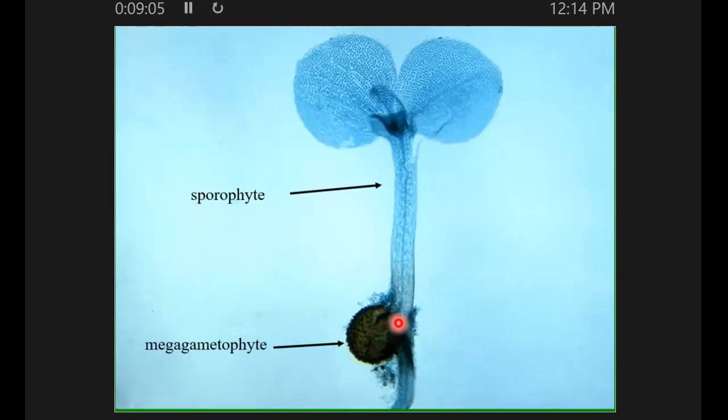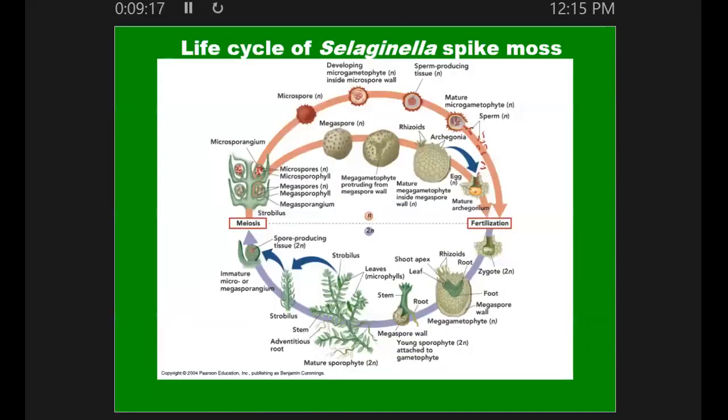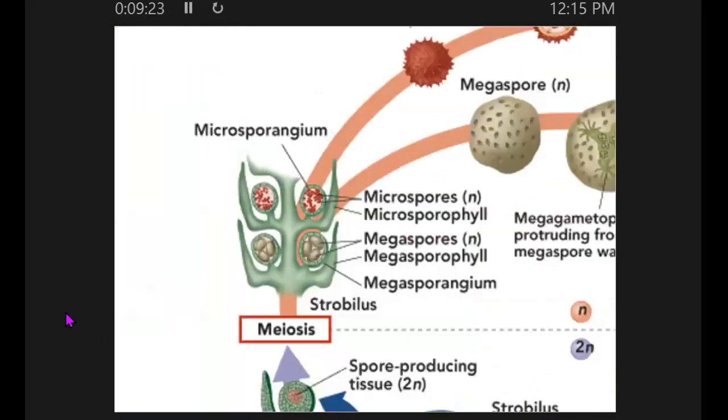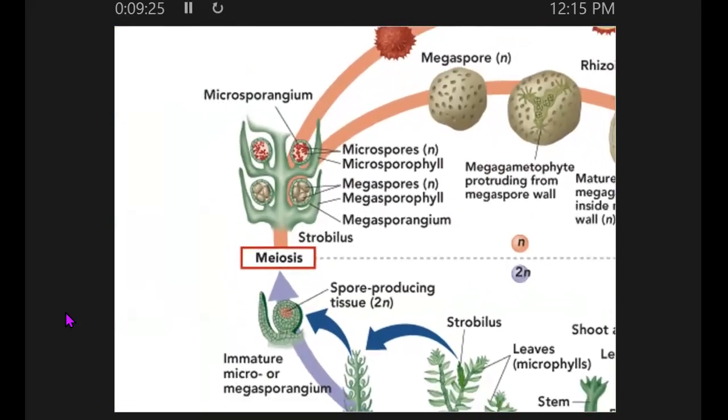And then once that happens, it starts to develop into the zygote and then the sporophyte, right? So you can see that it's in the very young stages. So when you zoom into the sporophyte, you see those different spores, the megaspore and the microspore.